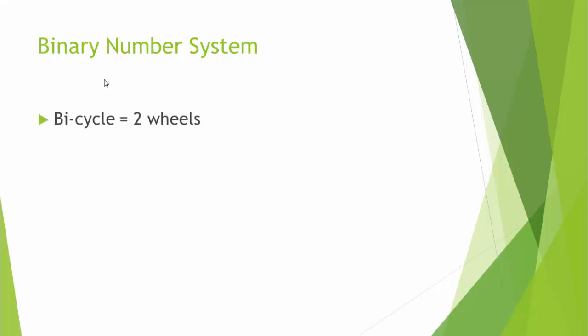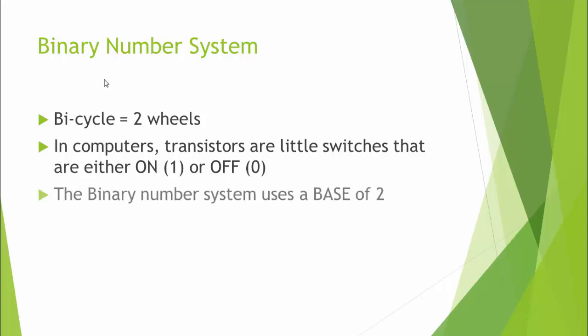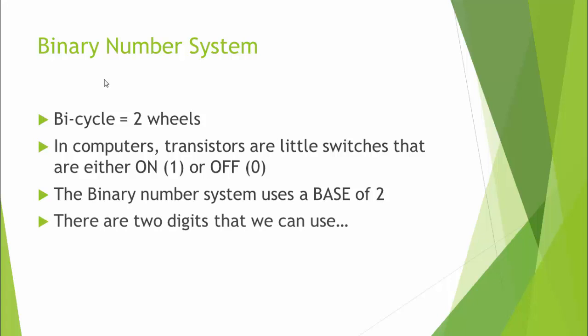Computers only have access to a yes or a no. Their only choice is on or off, 0 or 1. And for this reason, instead of using a base of 10, computers use a base of 2. And there are only 2 characters that can be used, a 1 or a 0.